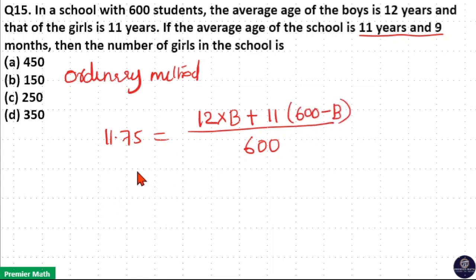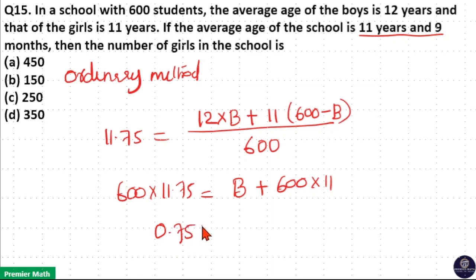Now if you solve this, you will get number of boys. That is 600 into 11.75 is equal to 12B minus 11B is B plus 600 into 11. Now you can see 11.75 minus 11 into 600 is equal to 0.75 into 600, which is equal to number of boys.